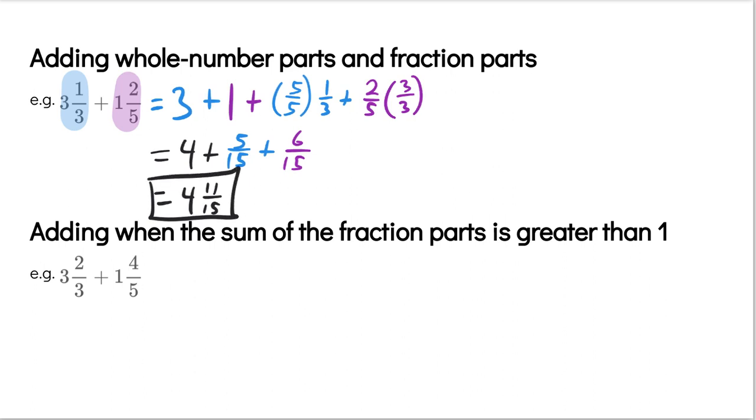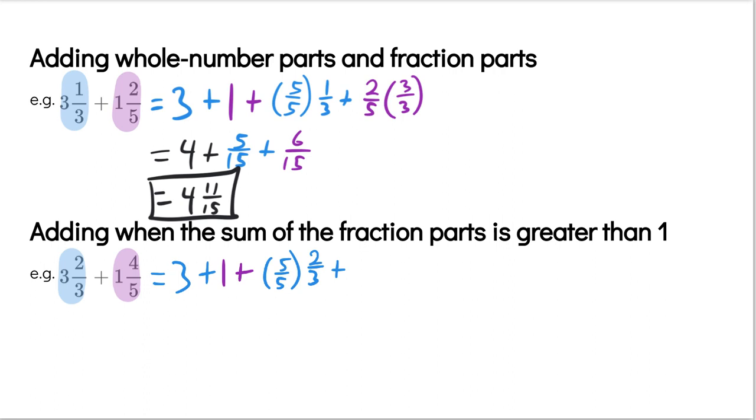In our next example, we're going to see what happens when the sum of the fraction parts is greater than 1. We're going to start much the same way, where we rearrange things so that the whole numbers can be added, and then the fraction parts can be added as well. We're going to multiply by 5 over 5, but we're still adding 2/3. It's just finding an equivalent fraction.